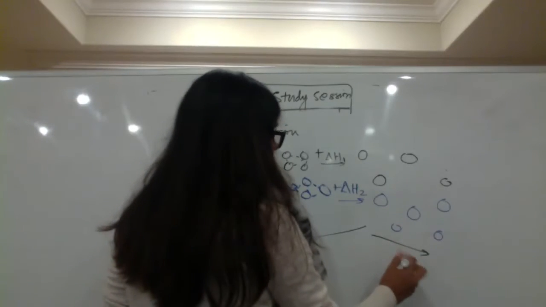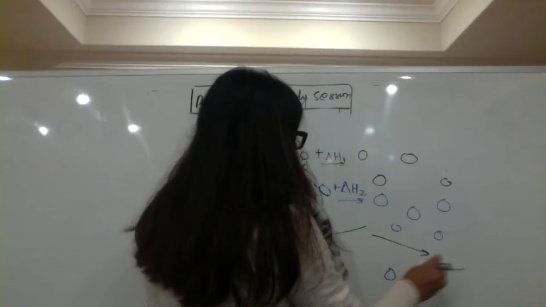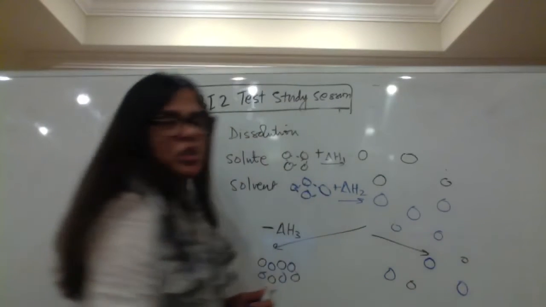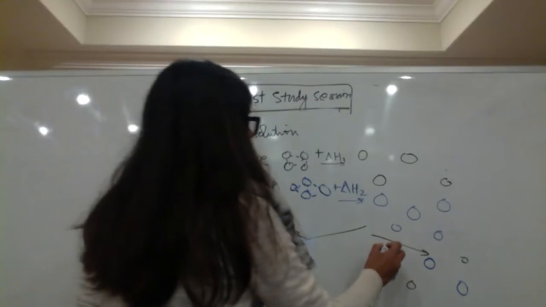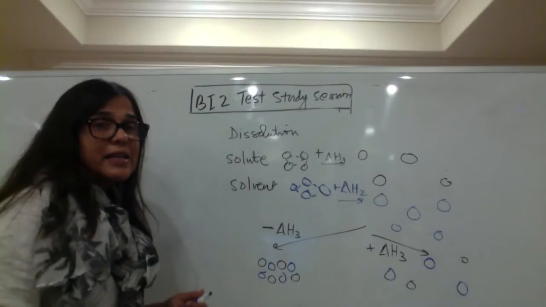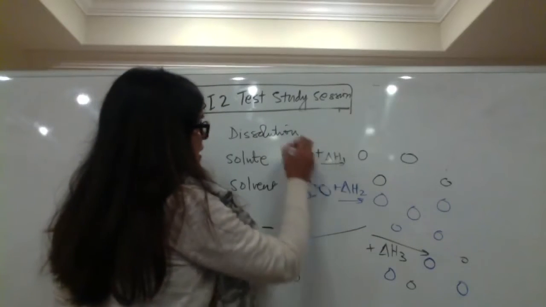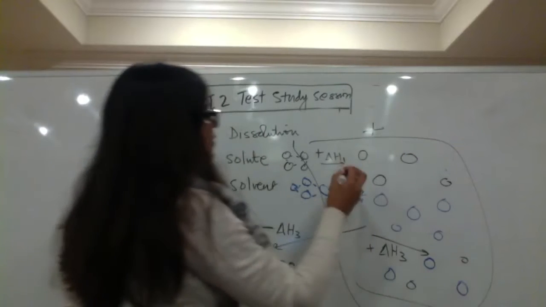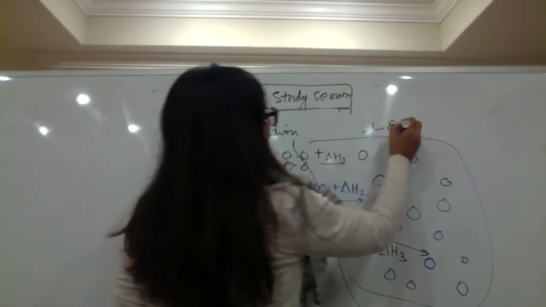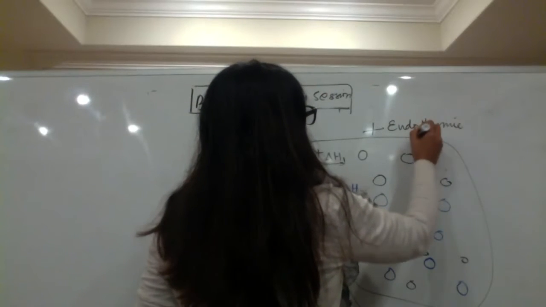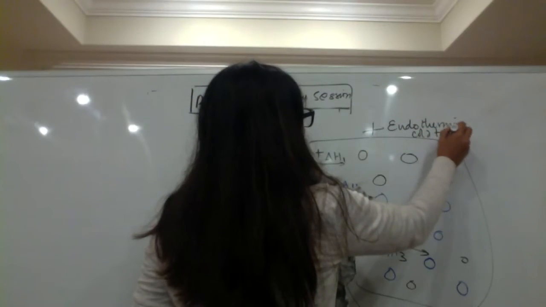The other thing that can happen is solute and solvent do not like each other much. They're not very close to each other. In this case, delta H3 will either be positive or slightly negative. If this is the case, then the overall delta H ends up being positive and the reaction is endothermic, or feels cold to touch.